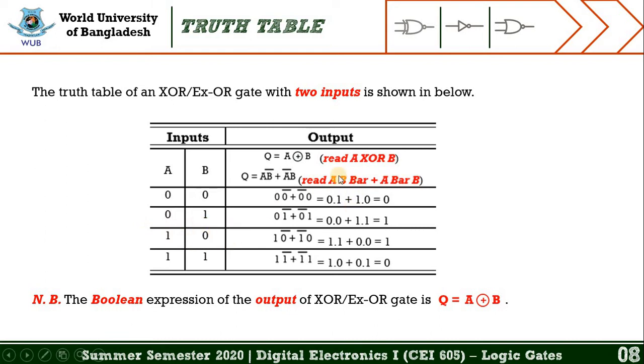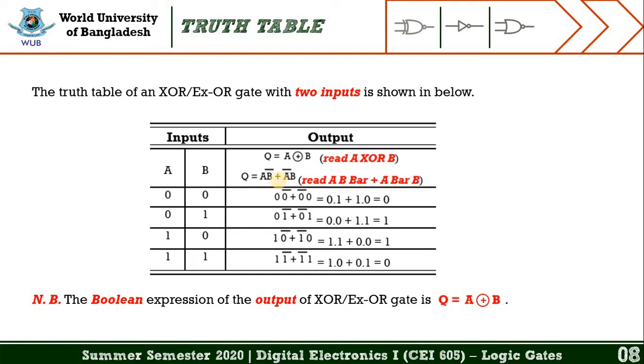So, if we see the simplified version of the output section of the XOR gate, then we find the output is symbolized by the letter Q, which is equal to A B bar, A and B bar.